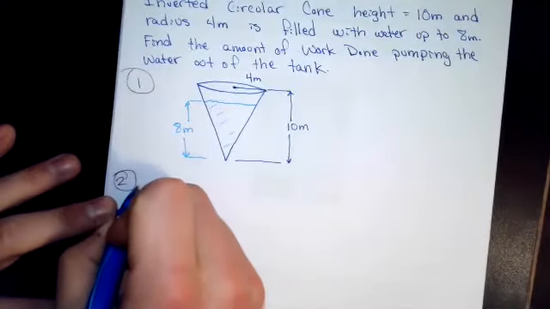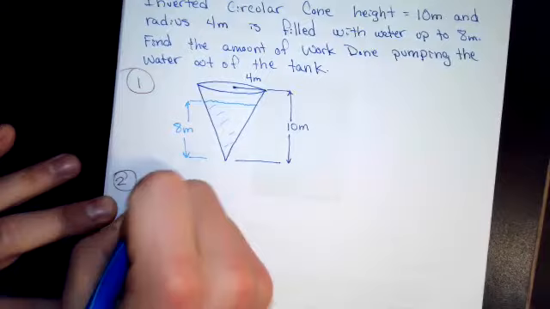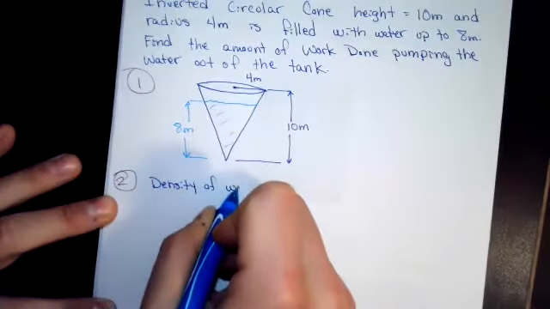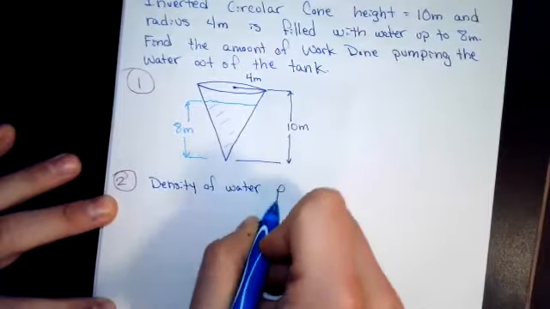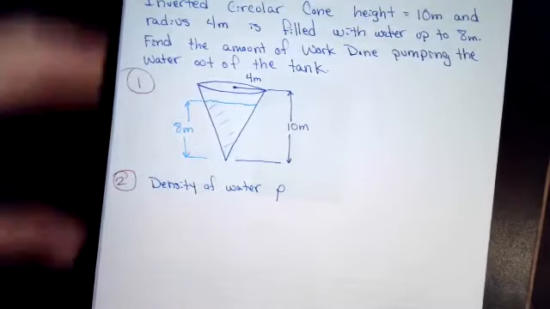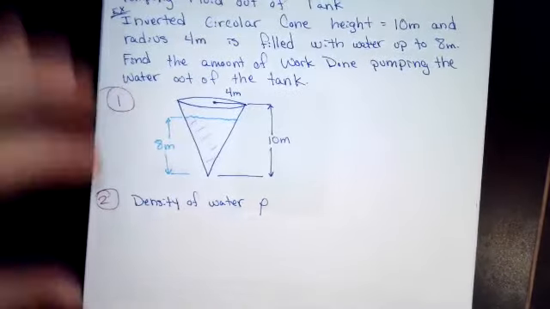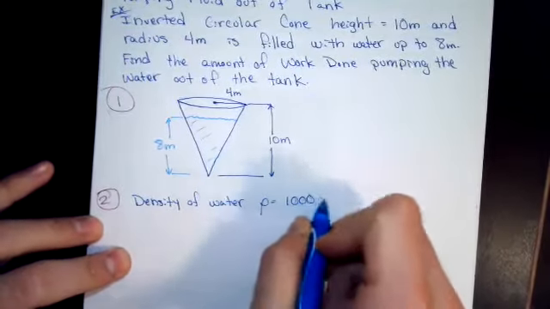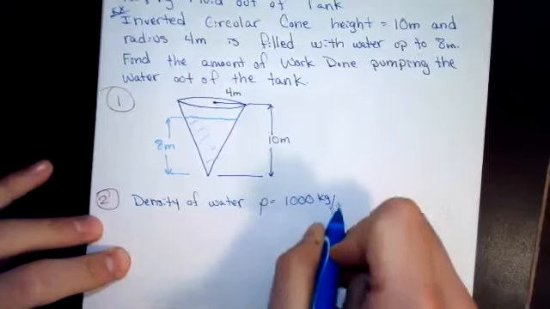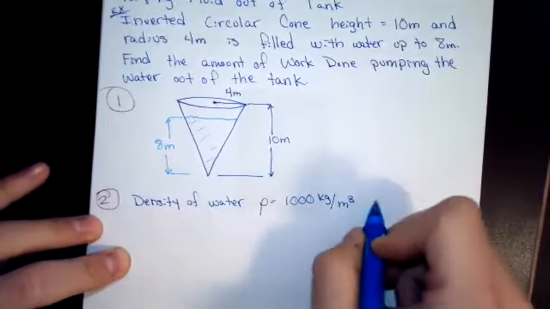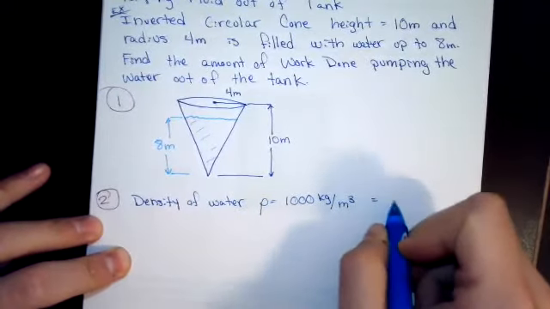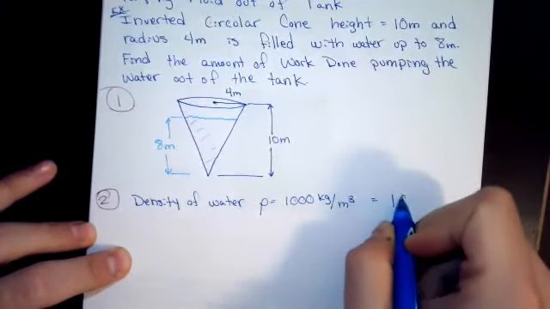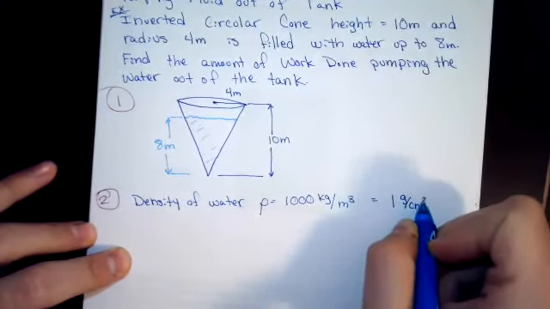So let's see, some relevant things. We're going to need some sort of mass or density of water. We usually denote this by the symbol rho. And rho is given as 1,000 kilograms per meter cubed. Another unit you will commonly use for rho is just 1, but that's in grams per cubic centimeters.